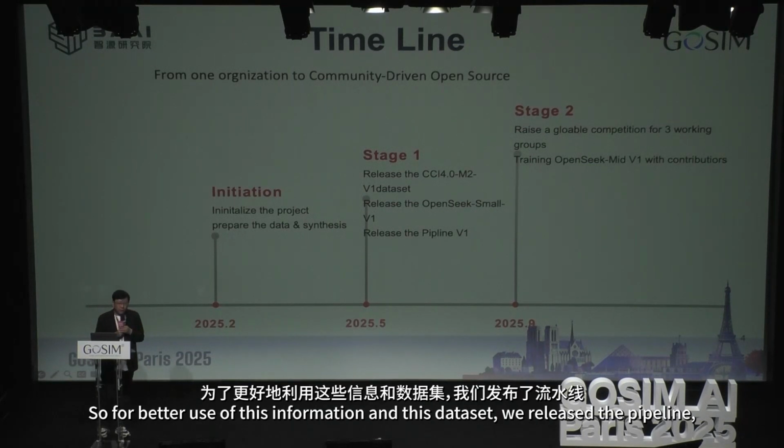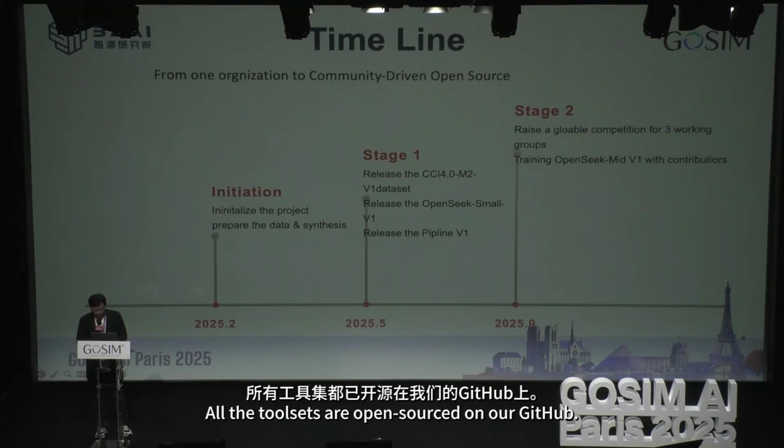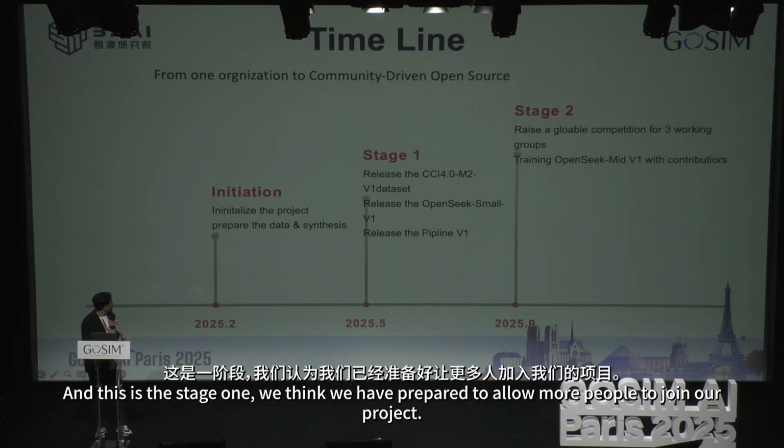To make better use of this information and this data set, we release the pipeline, including 100 billion token data sets, the framework to train the model, and also an evaluation benchmark. All the tool sets are open sourced on our GitHub. And this is stage 1. We think we have prepared to allow more people to join our project.